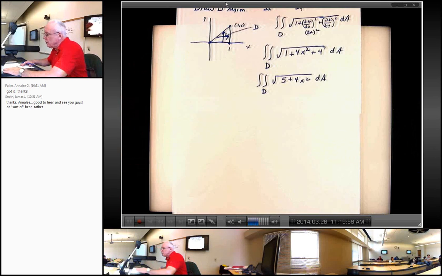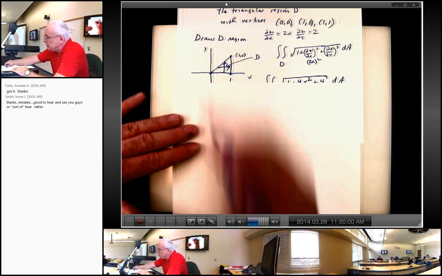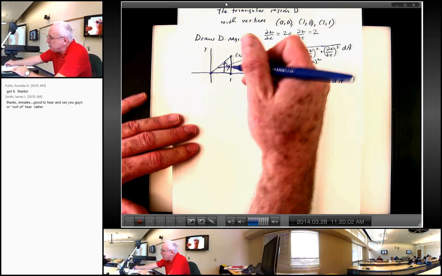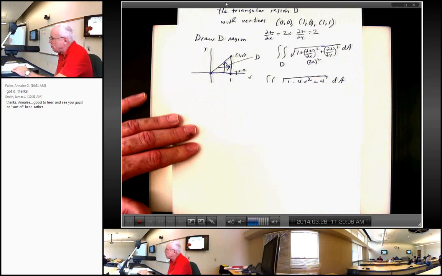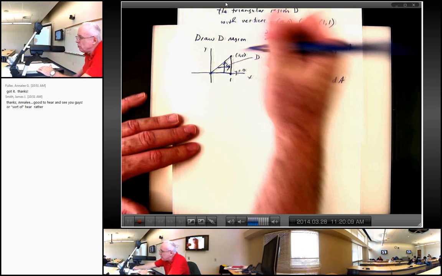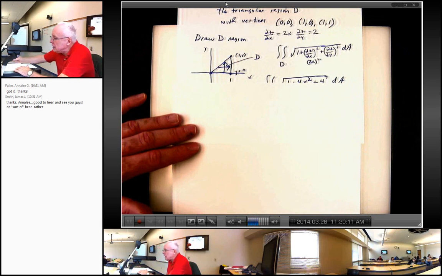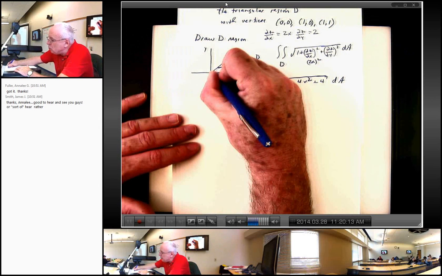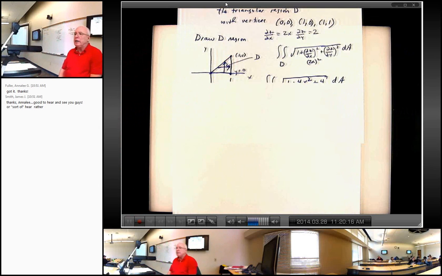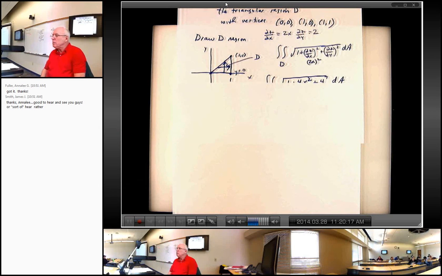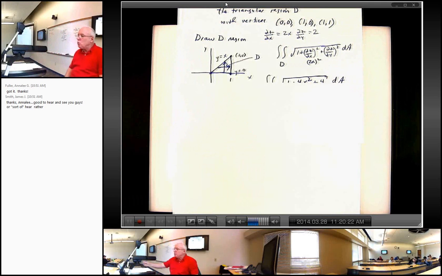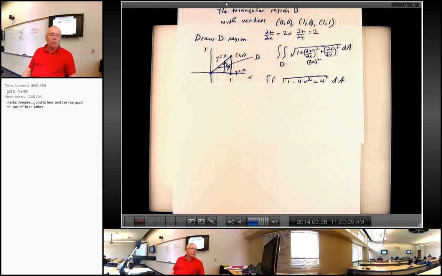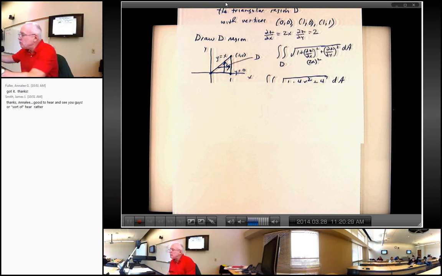First of all, if we're going to go vertically, our bottom limit for y here is y equals 0. That's the bottom of our arrow. What's the top of our arrow going to be? How can I describe that straight line as an equation? Yeah, it's going to be y equals x. The slope certainly is 1 because it goes from 0, 0 to 1, 1, and the y-intercept is 0. So that is y equals x.